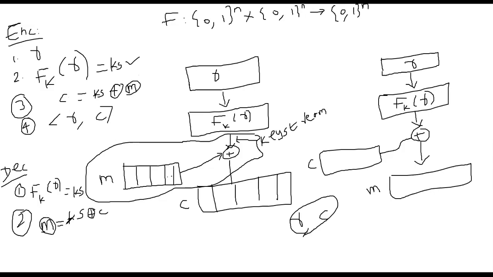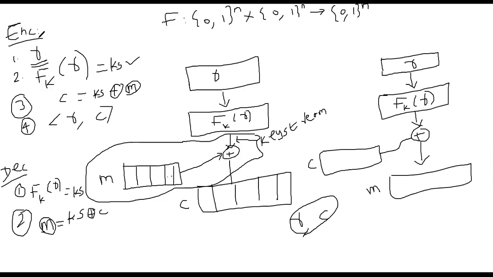Okay, so there are some important details I need to tell you. Why is this secure? If you encrypt the same message two times, why would this not leak that information? It won't leak the information because we generate a random number R every time we call the encryption function. Therefore, the same message will be encrypted into different ciphertexts.